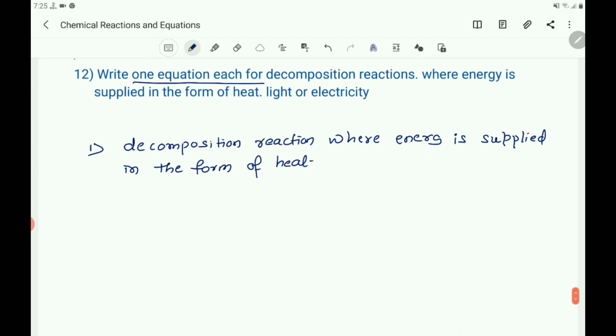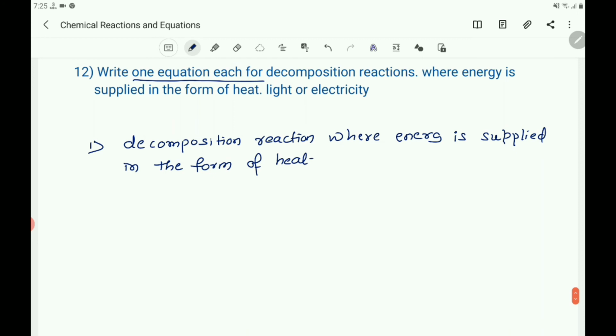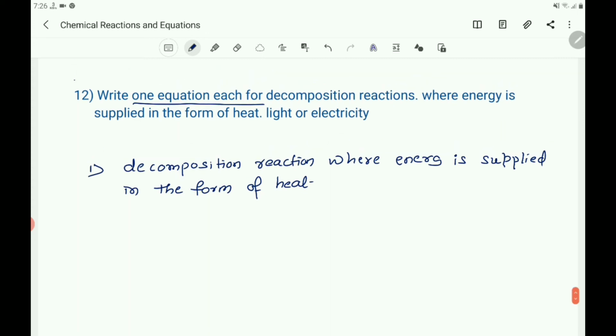The reaction is, you can write MgO on heating gives Mg and O2. Here we have to write the equation, so write only the equation.